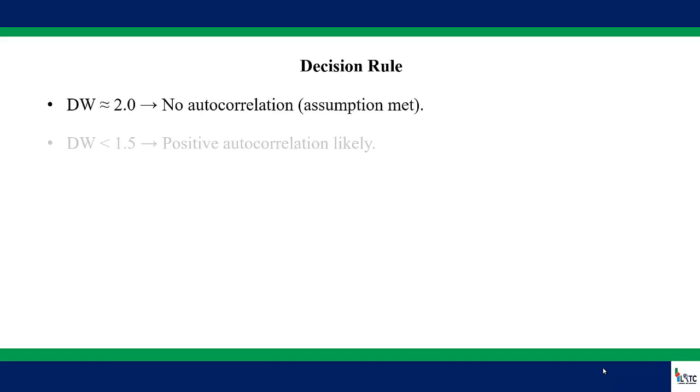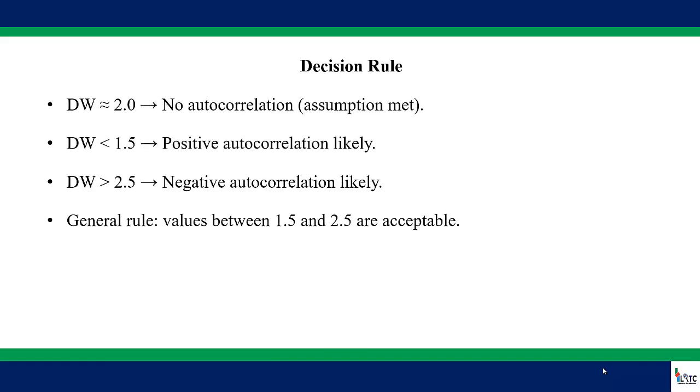Now let's quickly take a look at the decision rule. When you have your statistics, you need to take note of this value. The DW you are seeing there stands for Durbin-Watson. When the value of the DW is 2.0, it suggests that there is no problem of autocorrelation.